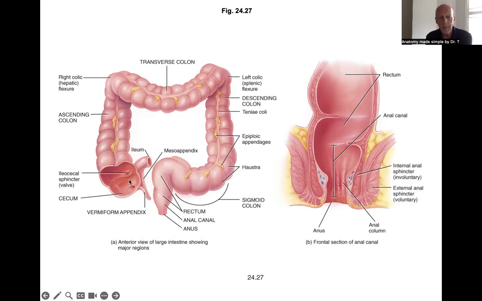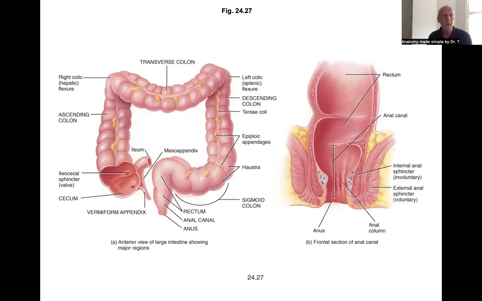Other than naming cecum, ascending, transverse, descending, sigmoid colon, and rectum, you can also see that there is something else which is looking totally different compared to what we have seen on the surface of the small intestine. Basically, four layers, mucosa, submucosa, muscularis, and serosa, are still present even in the large intestine.